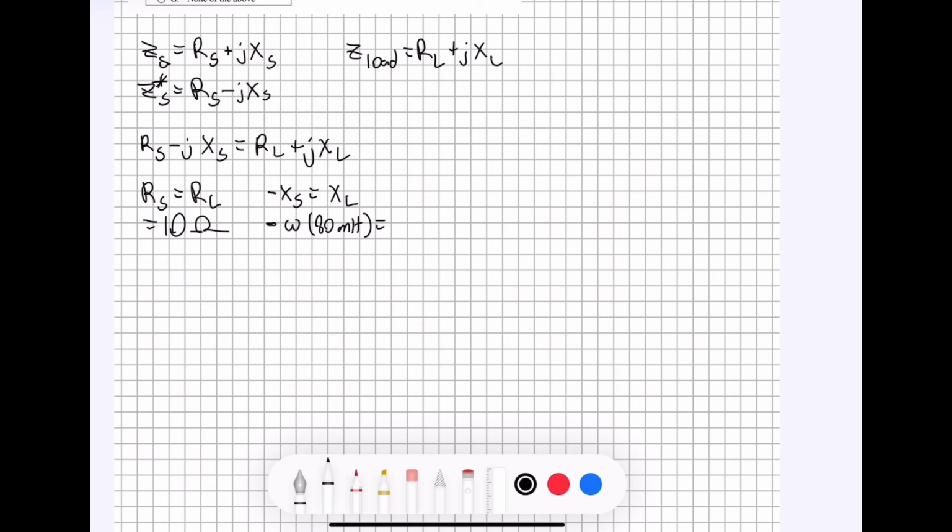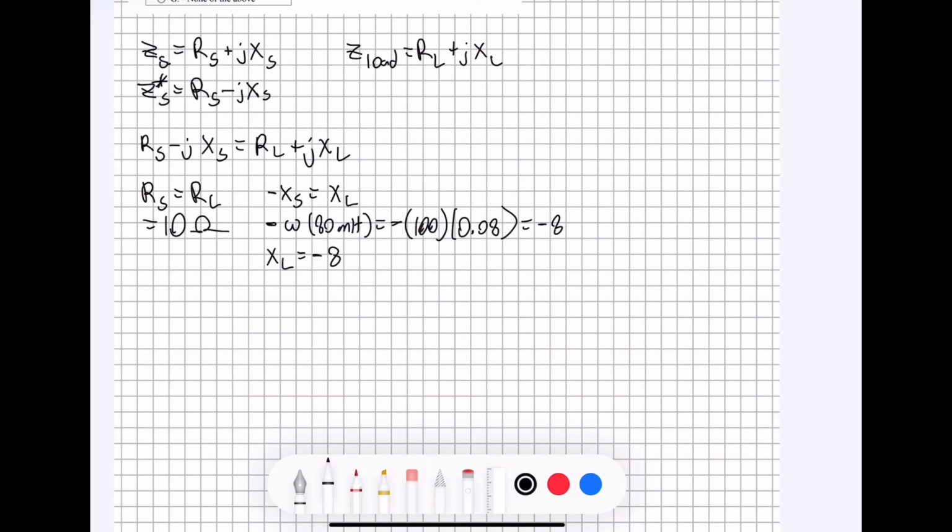So negative 100 times 0.08. If you do that math, you're going to get negative 8. So the reactance of the load is equal to negative 8.